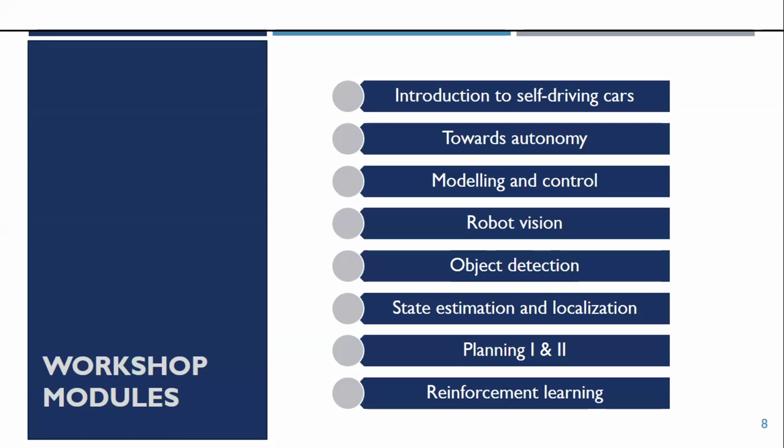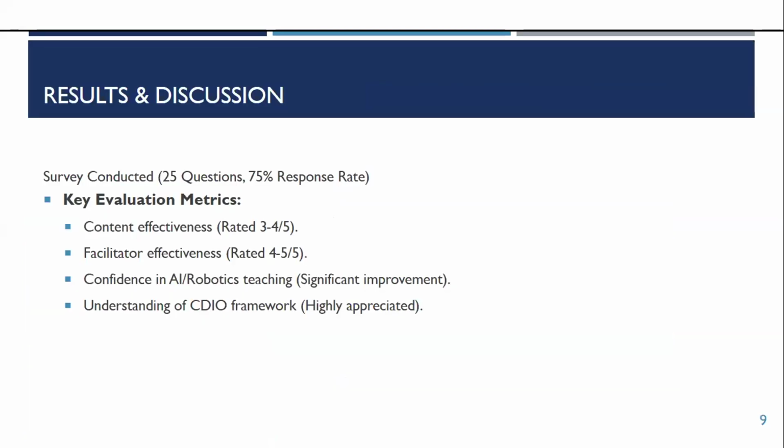Once the workshop design was complete and we had the robot in place, we conducted this workshop. As a result of this workshop, we also conducted a survey. In this survey, we had 25 questions, and we had a response rate of around 75% from the participants.